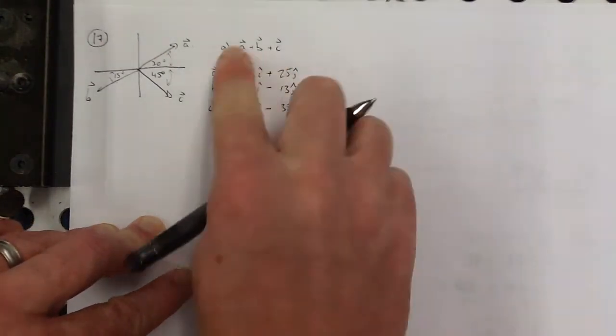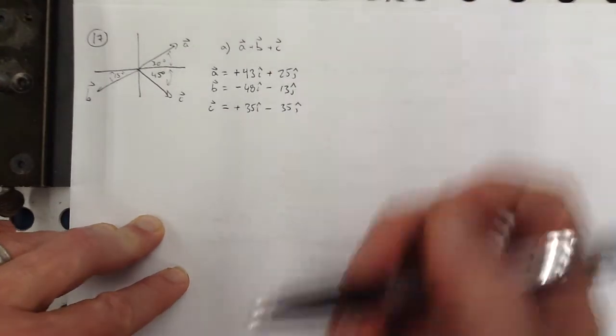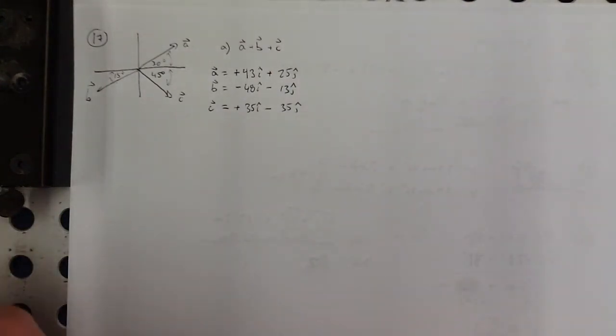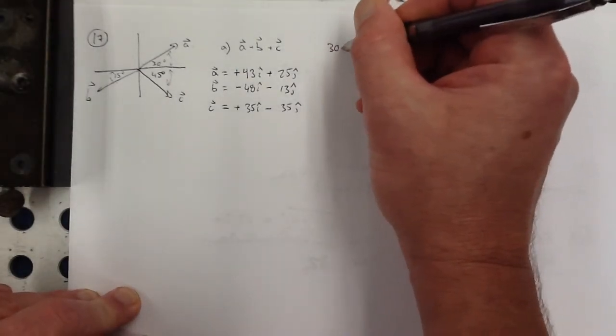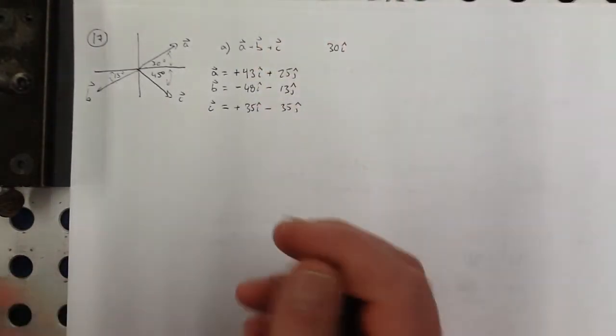So A plus B plus C, that's just adding these up as is. Probably could do that in our heads, but here's the calculator right here. So that's 30 i when I add those up.